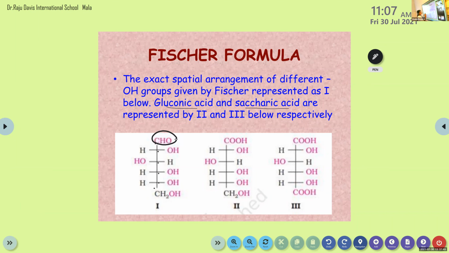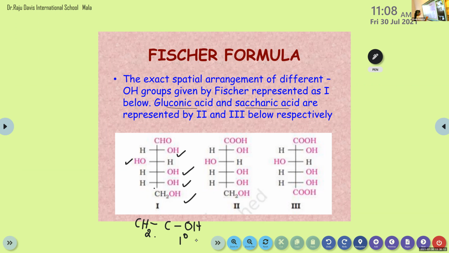Then there are 5 OH groups, 1, 2, 3, 4, 5, attached to different carbon atoms. And there is a primary alcoholic group. That means this OH group is attached to a carbon which is only attached to another CH2 group, so it is considered a primary group, right?